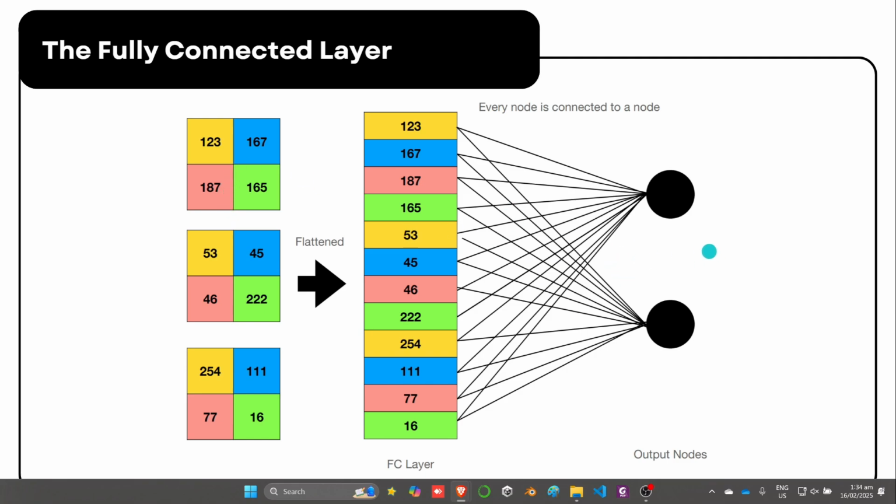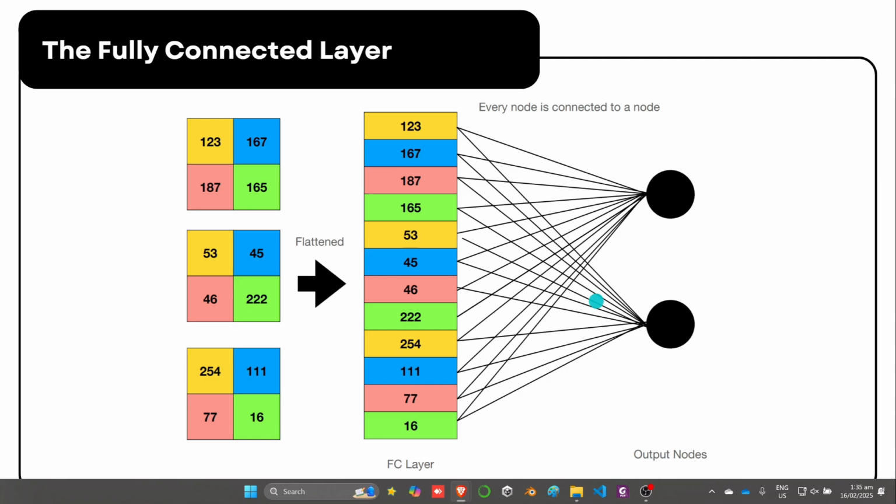So we had our feature maps here from the max pool layer coming out from that operation. Then we flattened it, and then we connected all of these output nodes, and this one is fully connected.